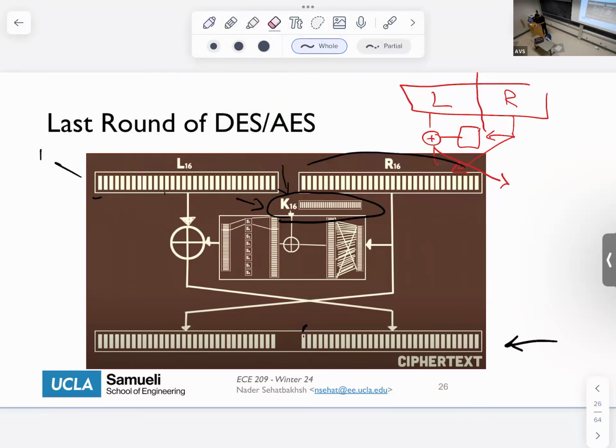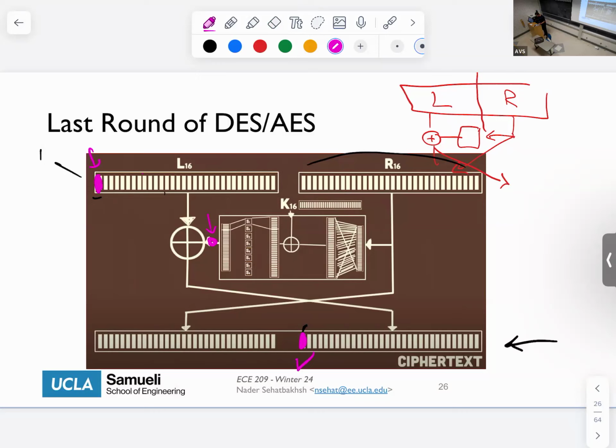So the idea is that if I make an assumption on this, I need to know what this is. And then what I will see is that this goes here, and I already know this, because this is the output of the ciphertext. If I somehow know this or make some guesses about this, then I can know this as well.